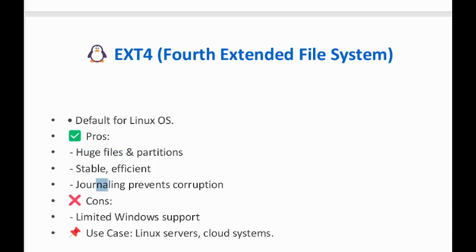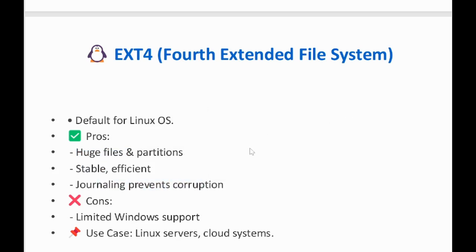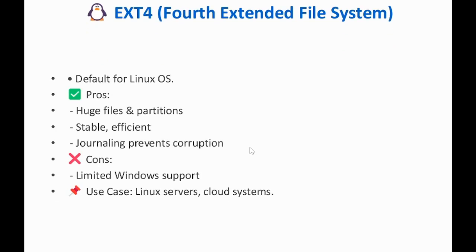Journaling prevents corruption, so it's more secure. Disadvantage is limited Windows support, meaning it will support it but in a limited way. Use case is mainly Linux servers and cloud systems; we use this file system there.